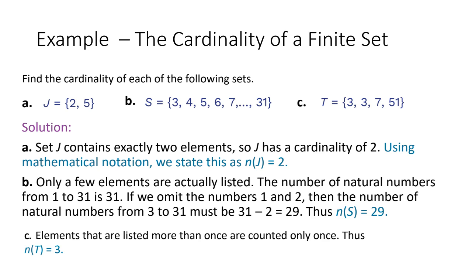So when it comes to sets, when you repeat elements, when you repeat objects, they're only counted once. It doesn't matter how many. If I were to describe it in words, I would say the set T is the set of 3, 7, and 51. It doesn't matter how many times they repeat it, there's only 3 different ones. So the cardinality is only 3.